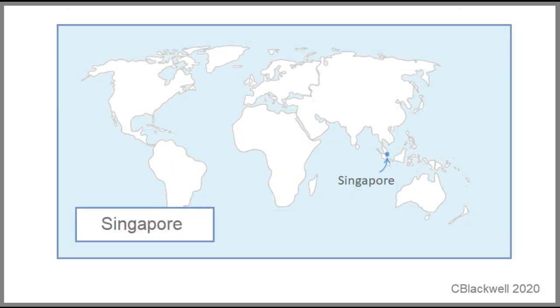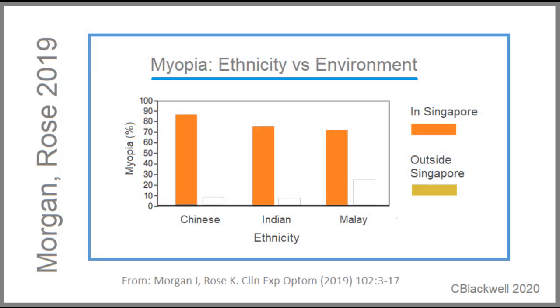A similar point is made by Morgan, looking at different ethnic groups in Singapore. They assembled studies to compare myopia in different ethnic groups within Singapore versus the same ethnic groups outside of Singapore. The large difference in prevalence adds to the case for environmental influence.